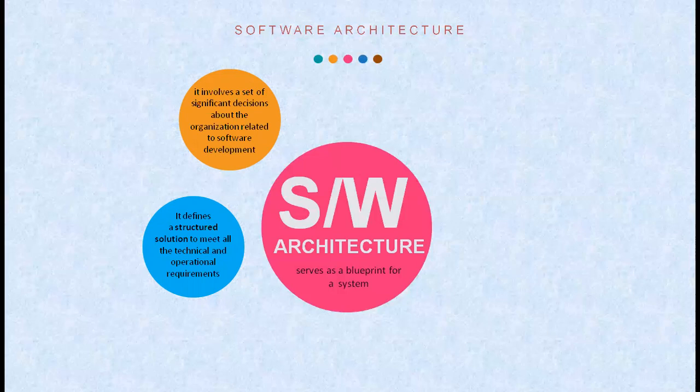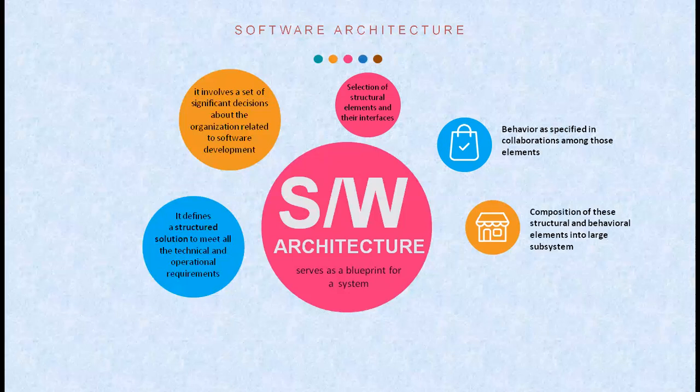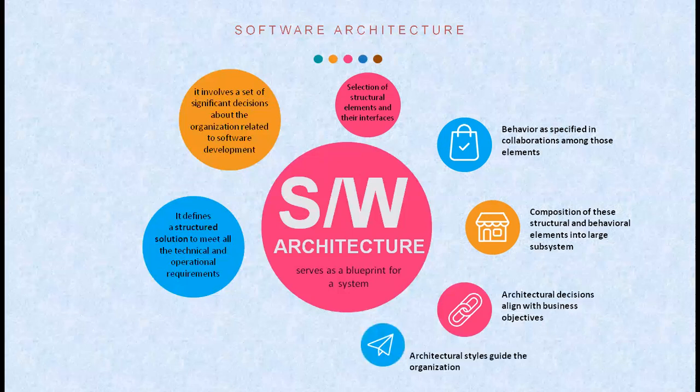These decisions consist of selection of structural elements and their interfaces by which the system is composed, behavior as specified in collaboration among these elements, composition of these structural and behavioral elements into larger subsystems, architecture design that aligns with the business objective, and architecture style that guides the organization.